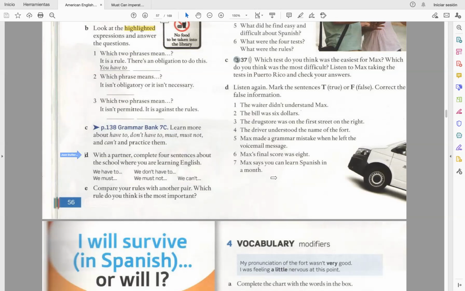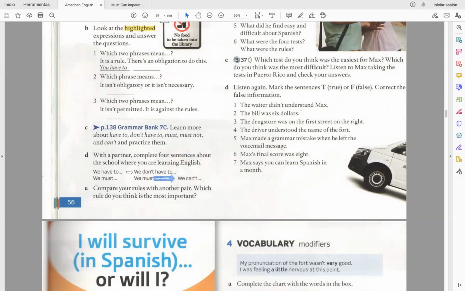Okay, we're going to do the following. For the first 2, we have to and we must, we are going to think about the university, okay? So what about obligations at the university? And for we don't have to, we mustn't, and we can't, I want you to think about your house, okay?